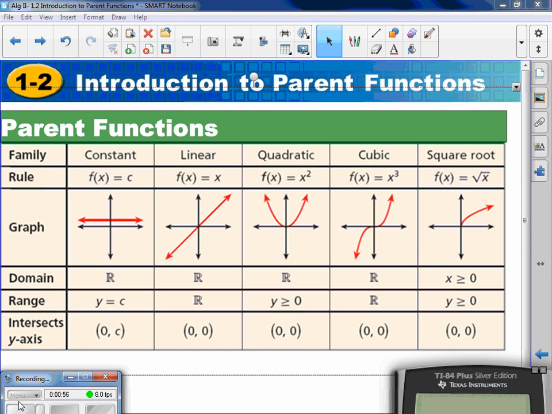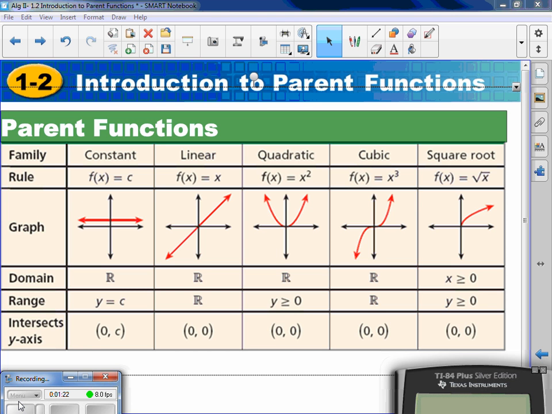The first parent function is your constant. A constant is based off f of x equals c. It's a constant number. When you graph a constant, it is a horizontal line. When we're talking about the domains, does anyone remember what a domain is?